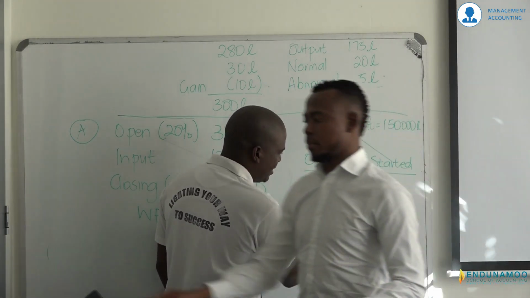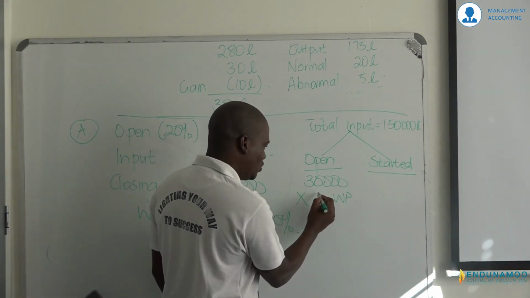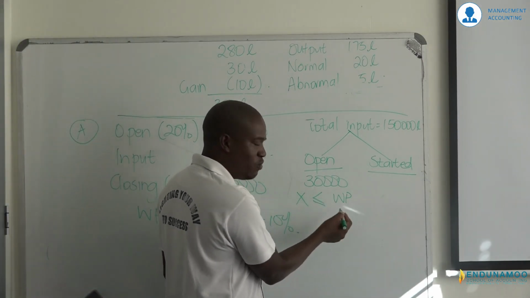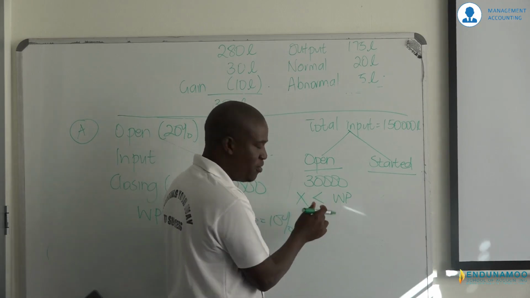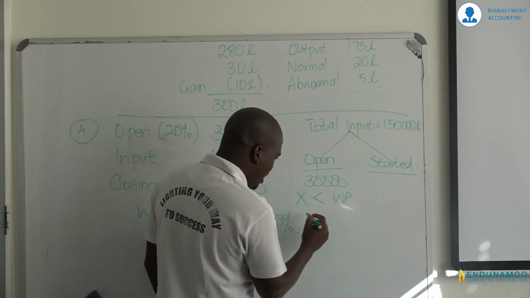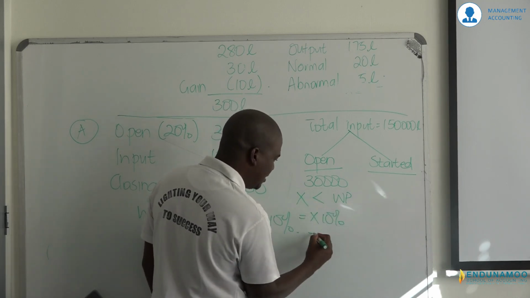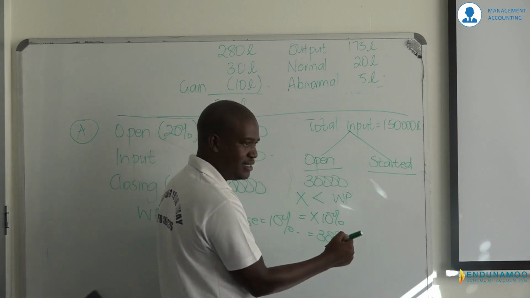So the wastage point is sitting here. So X is less than or equal to the wastage point altogether, then you will say times 10%, meaning that will be the first portion of the loss, right?